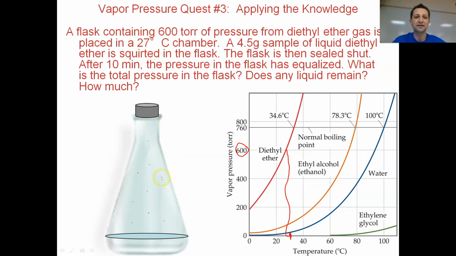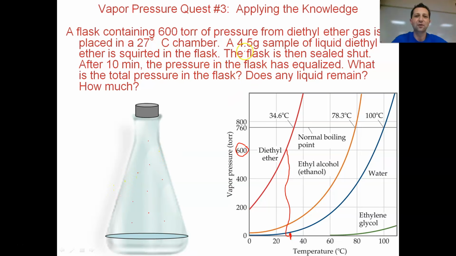At 27 Celsius, the pressure cannot go above 600 torr. If you add more diethyl ether at least, it can't evaporate anymore because we've reached the saturation point. Remember, saturation point is when the air can't hold any more vapor of that particular gas.